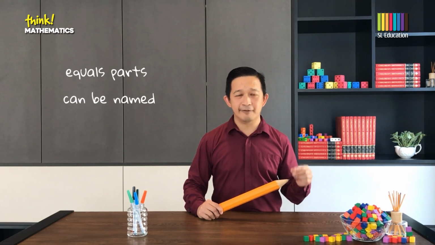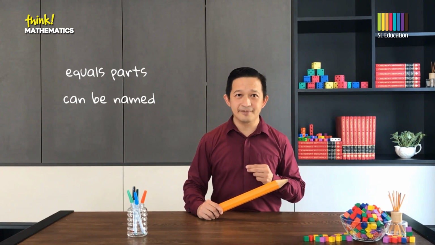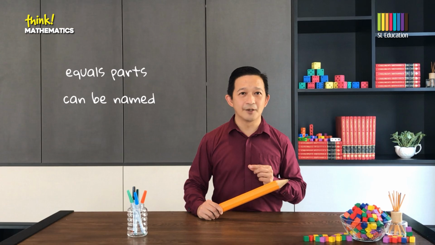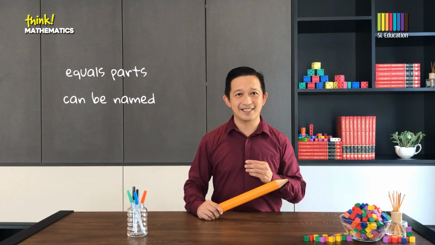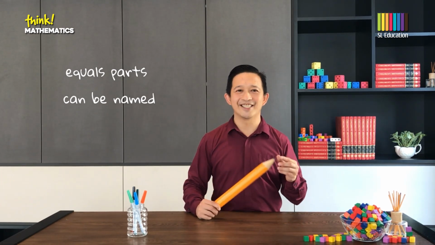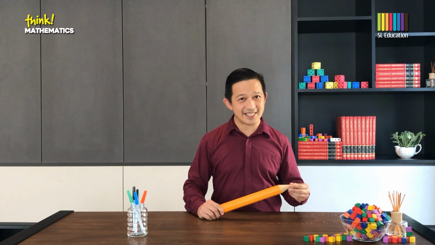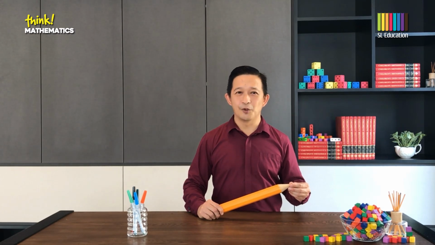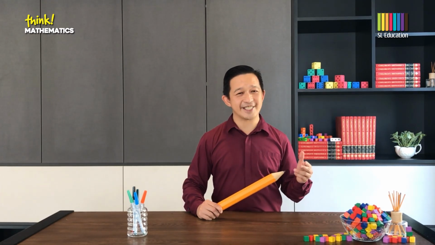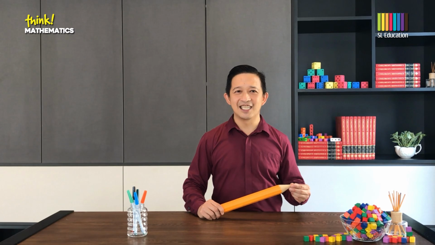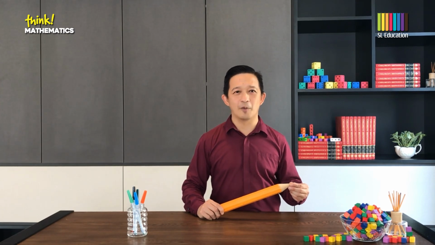And likewise, fifth is a name of a part where 5 of that make 1. Those are some things that we must know as teachers in helping students learn the concept of equal parts.